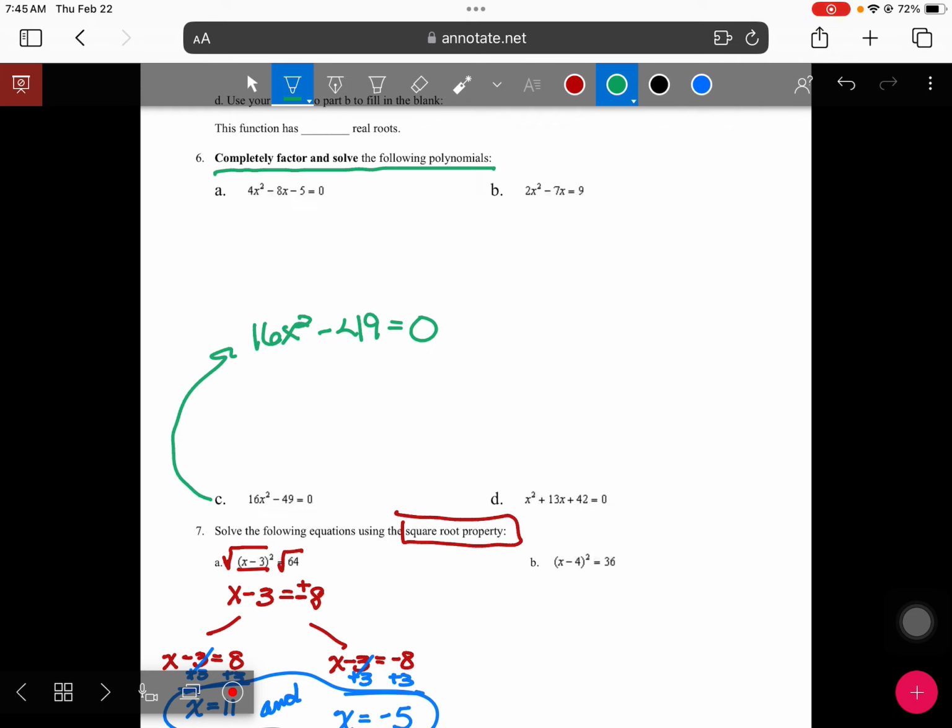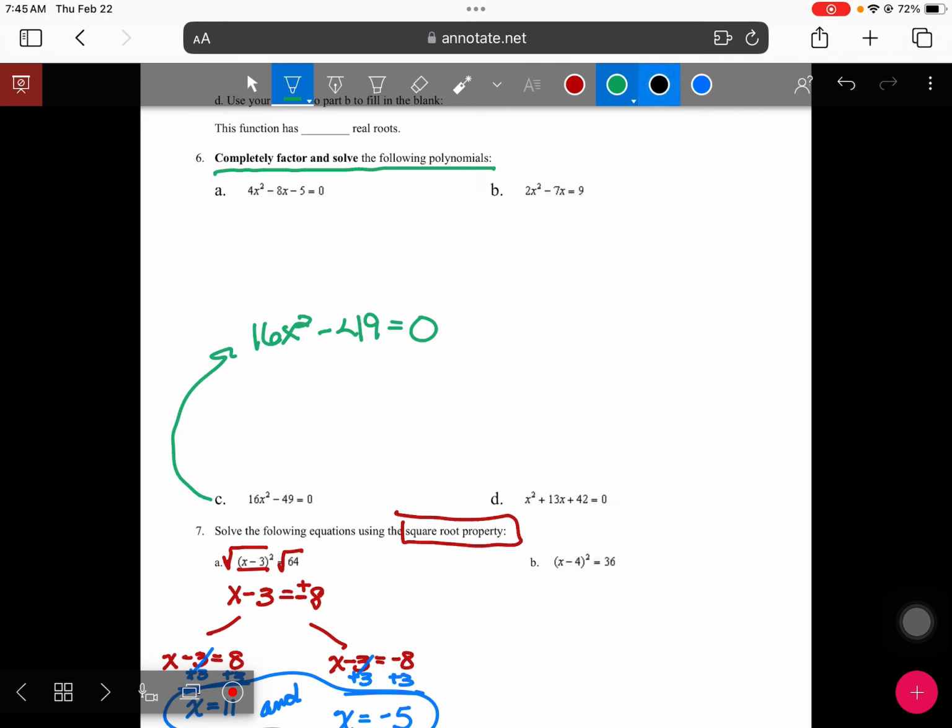So you say to yourself, first of all, is it set equal to 0? Yes. Then even before we're factoring, is it in standard form? It is. You do have 16x squared. There is no b, and that's okay. But then there is a c constant. So it is in greatest order down to smallest order of your variable.